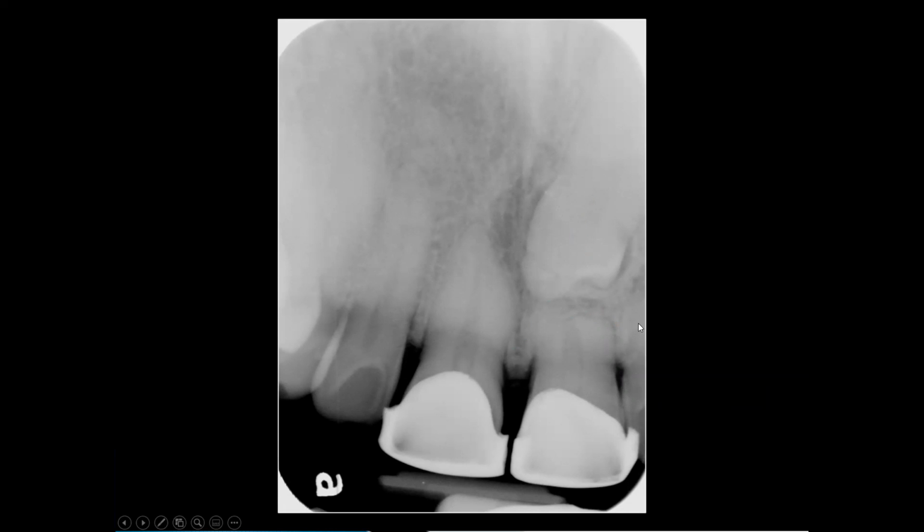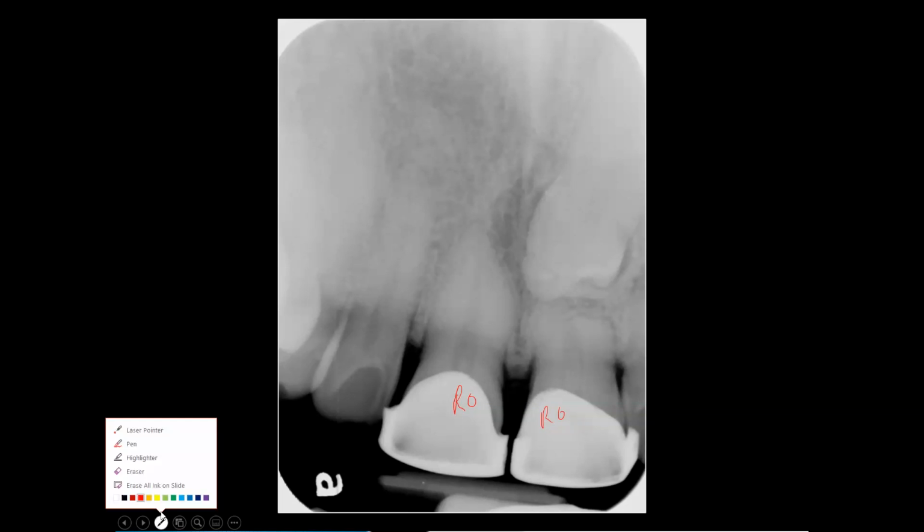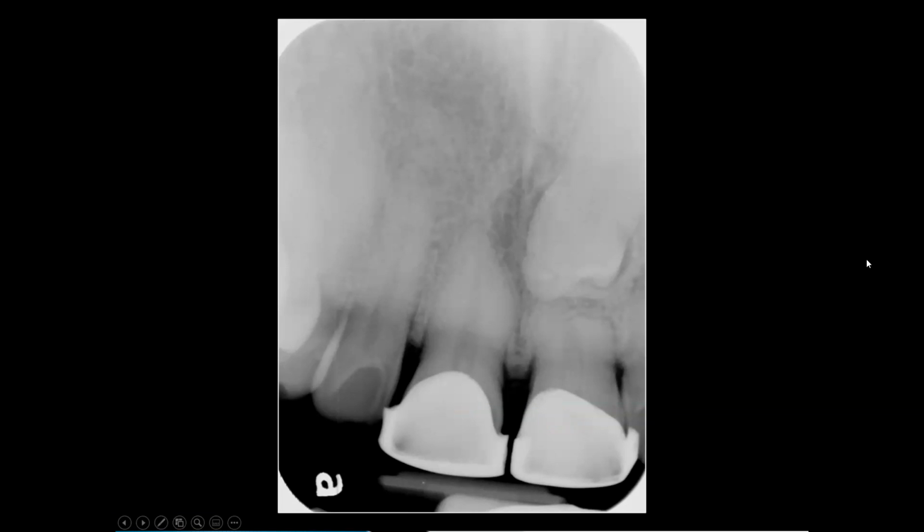So this is radiopaque, right? What are those? Are they fillings? They're some sort of restorative, yeah. They're an odd shape, and I can't remember the history of this, but it's interesting.